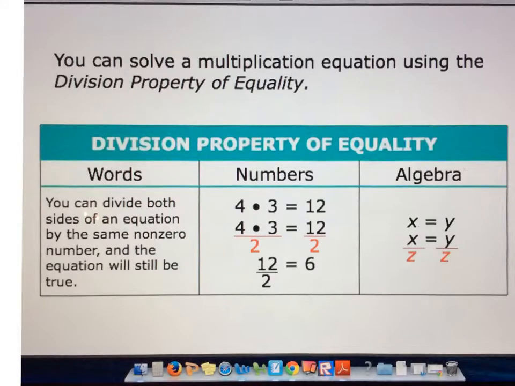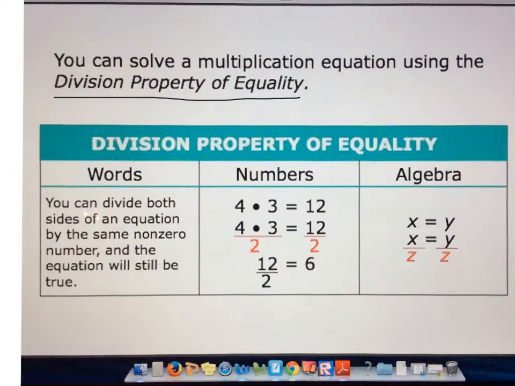Today we have a new property of equality that we're going to be using called the division property of equality. The division property of equality says that we can maintain equality by dividing both sides of an equation by the same number.